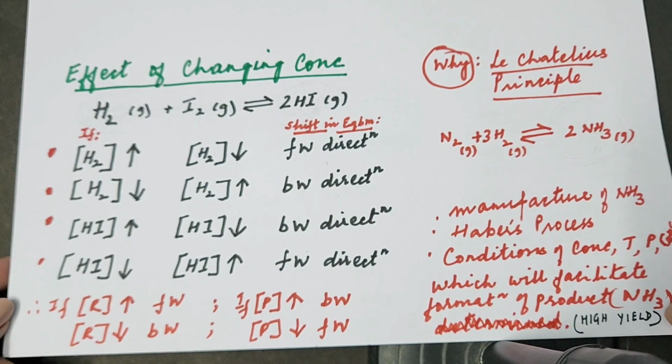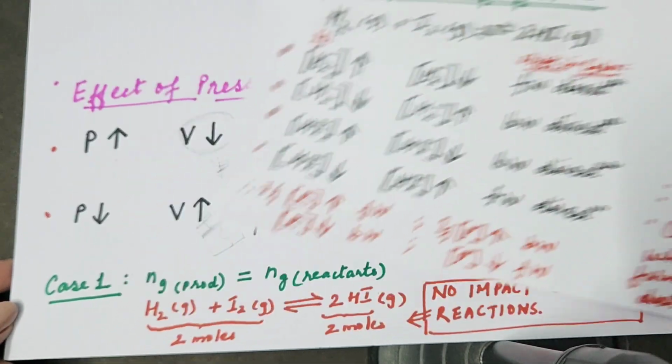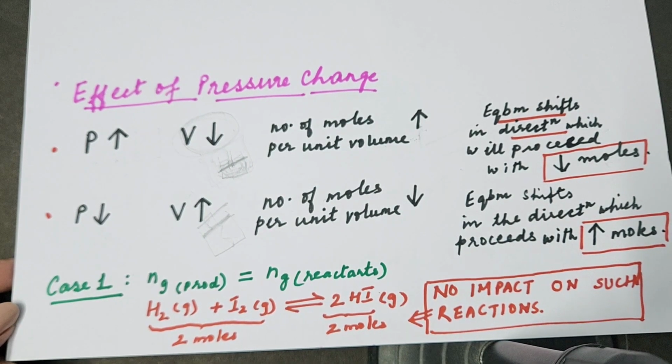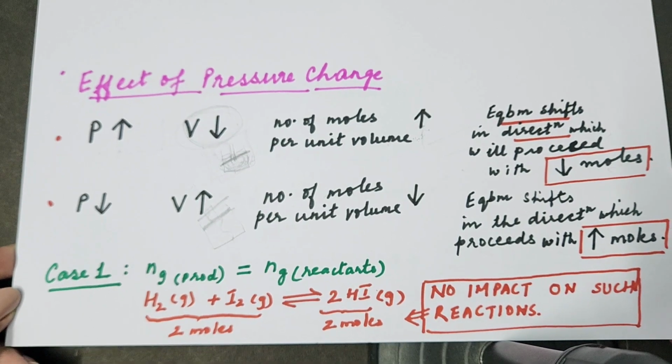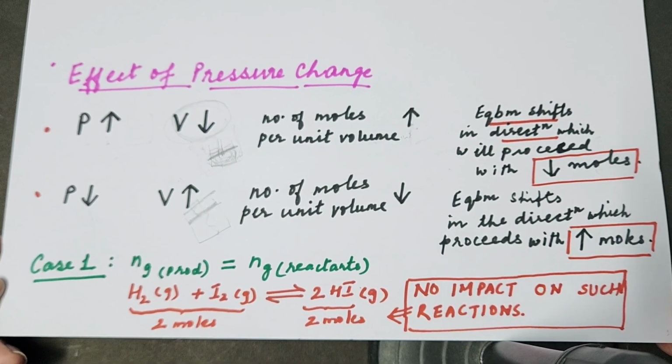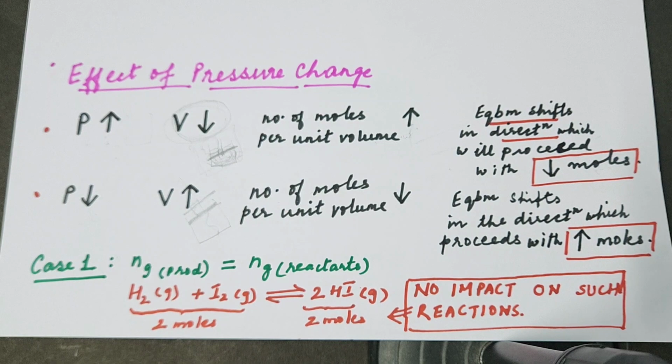So simply, Le Chatelier's principle is helping us to understand what conditions of temperature, pressure, concentration are allowing us to improve the yield of a given substance which is being manufactured.